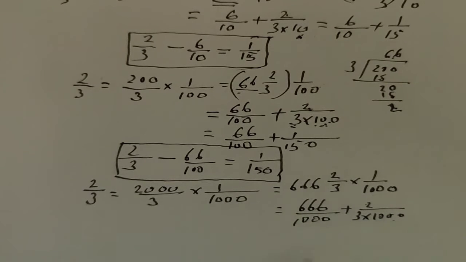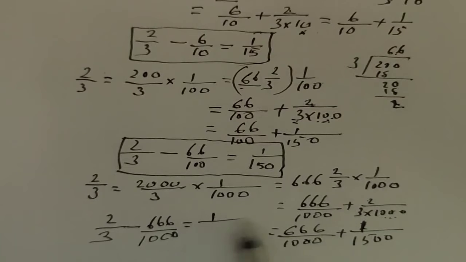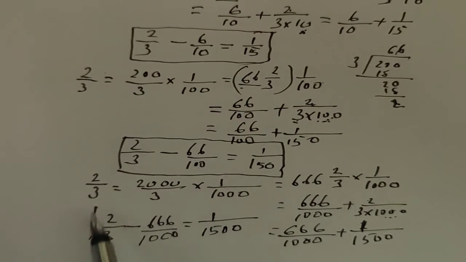And again 2 and 1000 cancel, 500 we get here. That is 666 by 1000 plus 1 by 1500. Again this subtraction: 2 by 3 minus 666 by 1000, you get 1 by 1500. And this can be taken as the next equation.